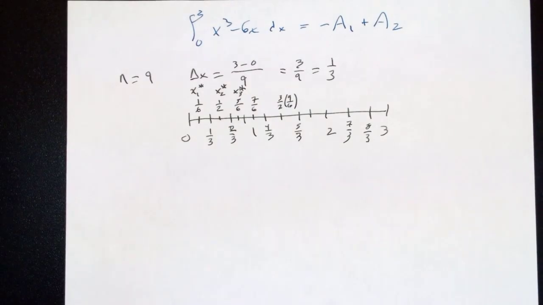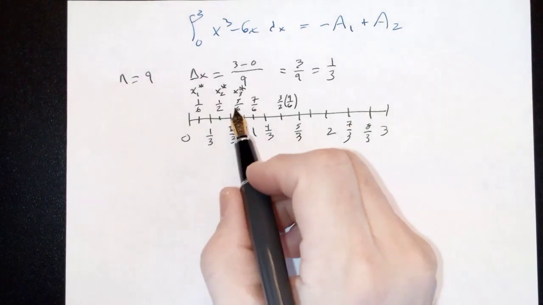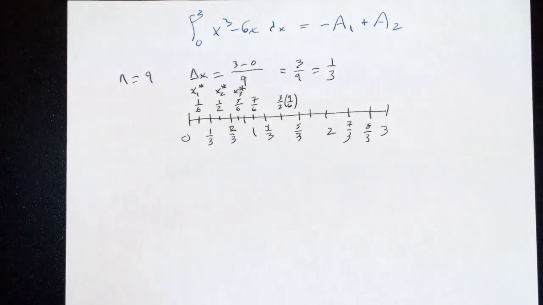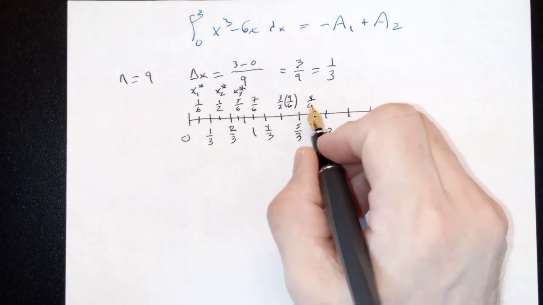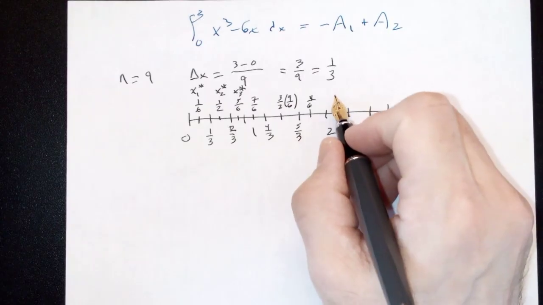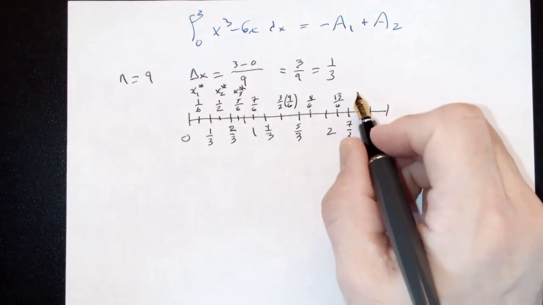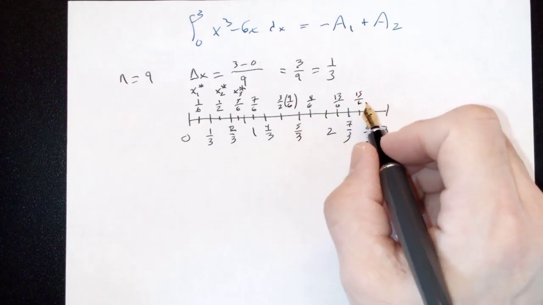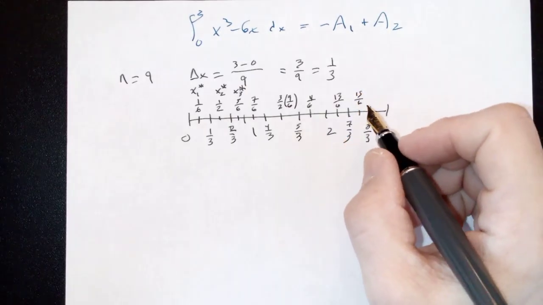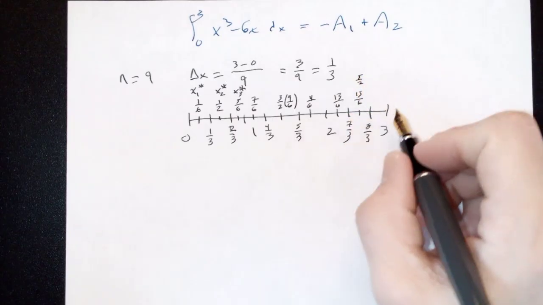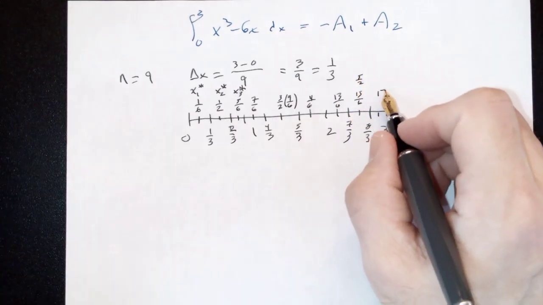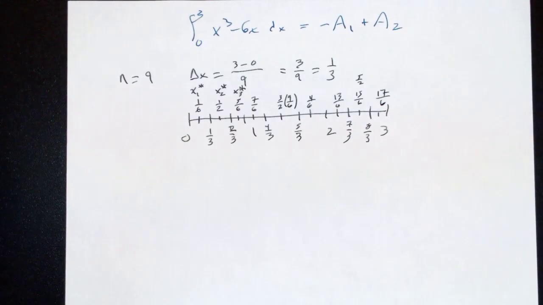The width of my step is 1/3, so I can just keep adding 2/6. So I get 5/6 to 7/6 to 9/6, that's 3/2, to 11/6, to 13/6, to 15/6. Wait a minute, that simplifies. That's 5/2 to 17/6. Those are my 9 midpoints. That's disgusting, but it works.